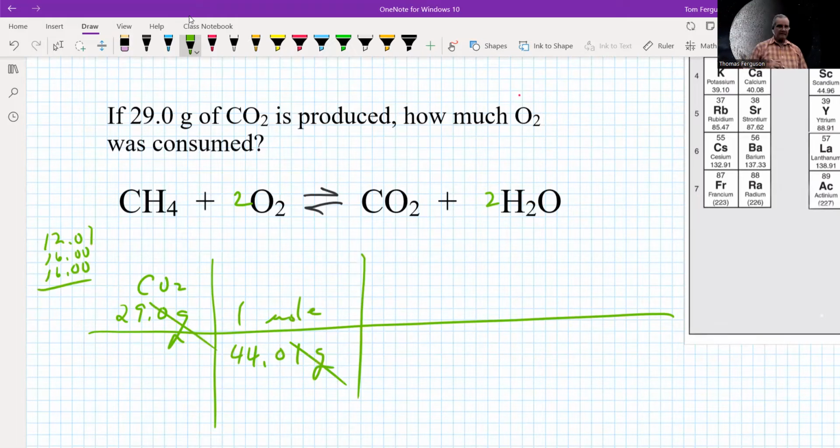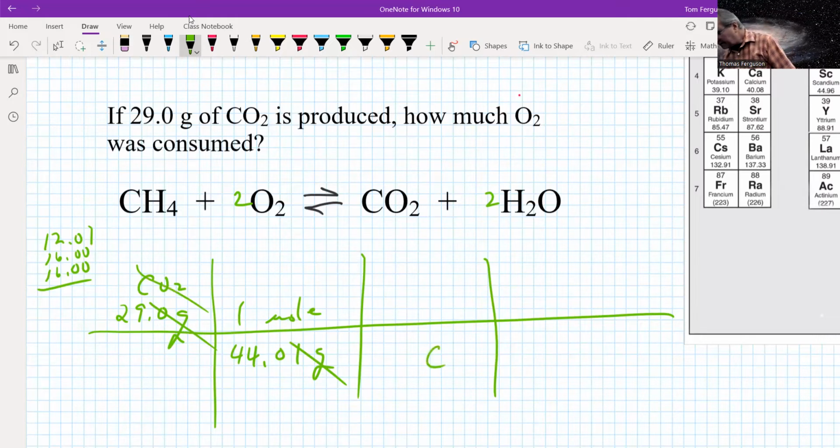Okay, so now we have moles of carbon dioxide. Now we need the ratio from the balanced equation, where carbon dioxide's got to cancel, so it's got to be on the bottom. Oxygen's on the top. And that's going to be 2 to 1.